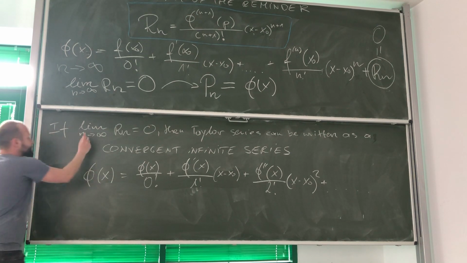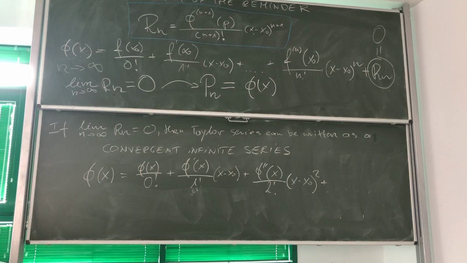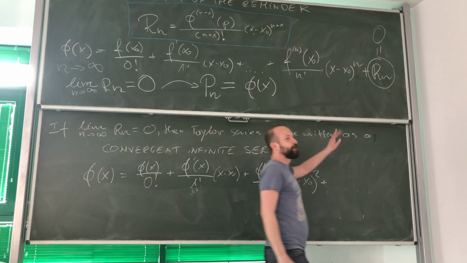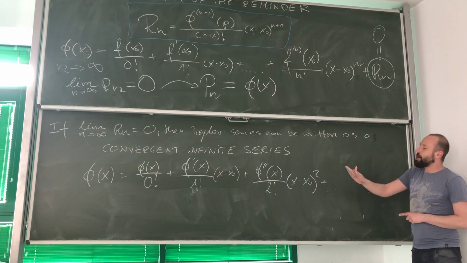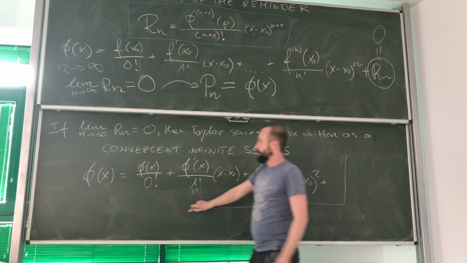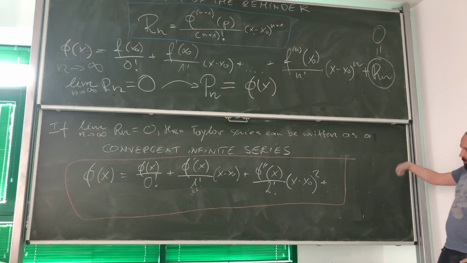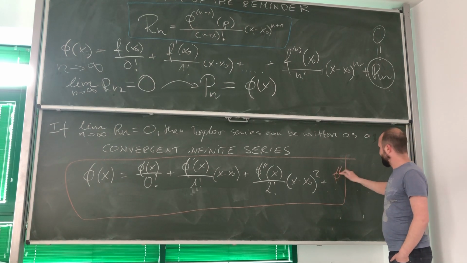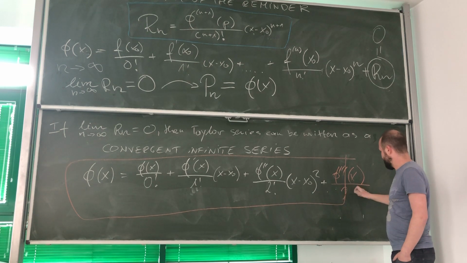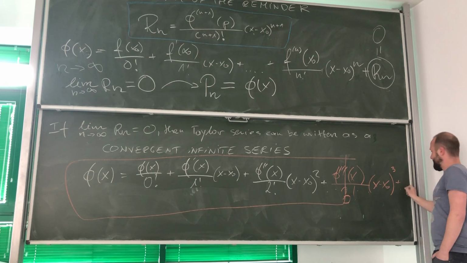If the limit with n approaching infinity of the Lagrange form of the remainder is equal to 0, the Taylor series can be written as a convergent infinite series in the following form. Of course, here we will have more and more components, and we will have the third derivative, and so forth.